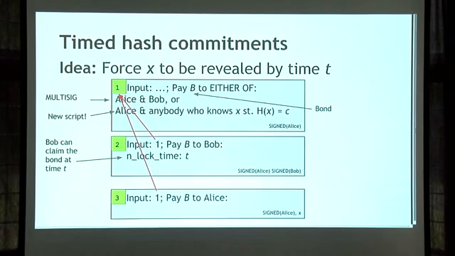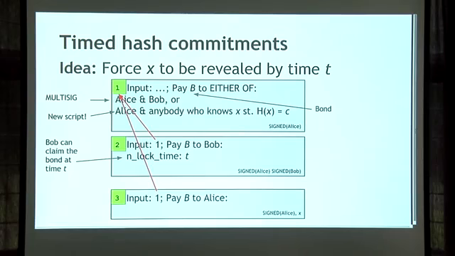So as an alternative, Alice can publish a transaction before time t, reclaiming her bond, sending the money back to herself. But if she does that, she has to not only sign it, she has to reveal X. So I said that there were two ways to claim this original transaction, and either one of them are valid outcomes of the protocol.